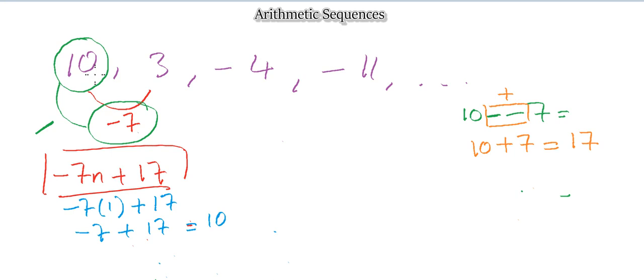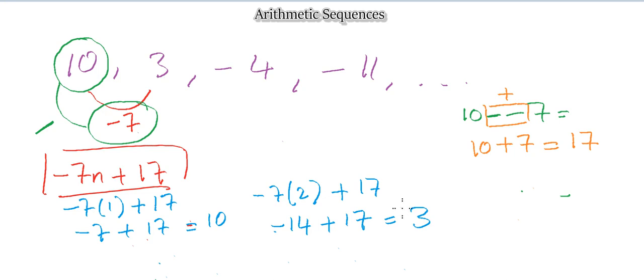If I want to check my second term, minus 7 times 2, minus 14, plus 17, and that gives us 3. Again, exactly the same as my second term. And in exactly the same way, you can find out any term of this sequence that you like.